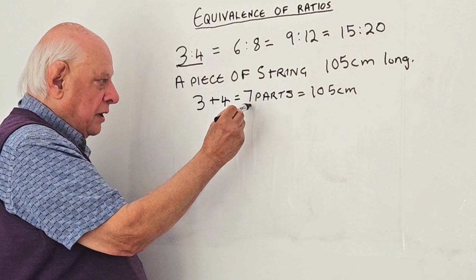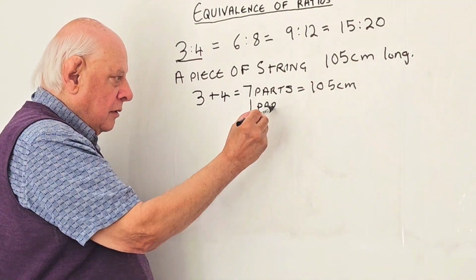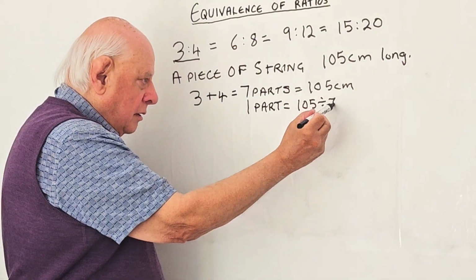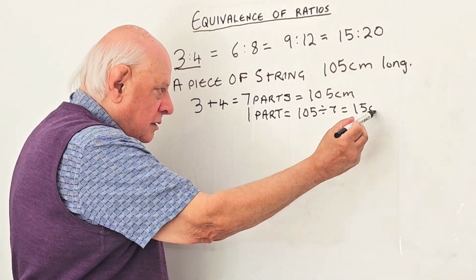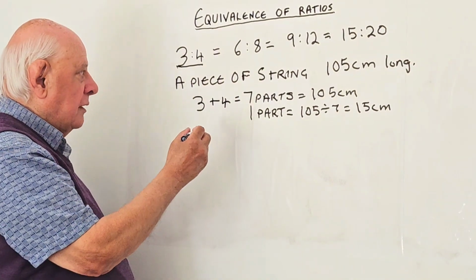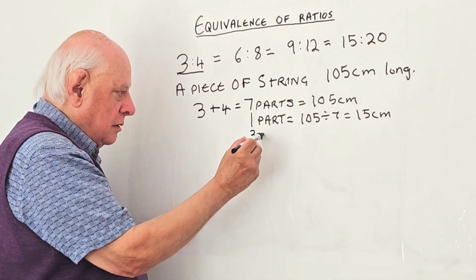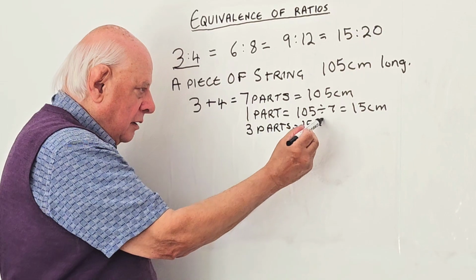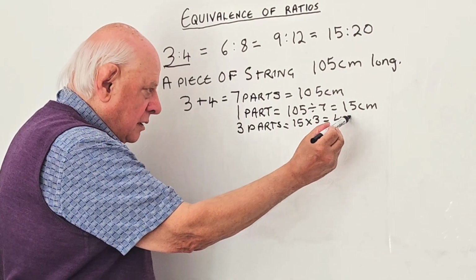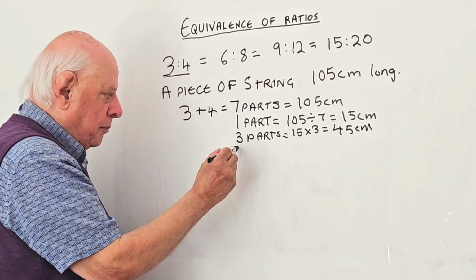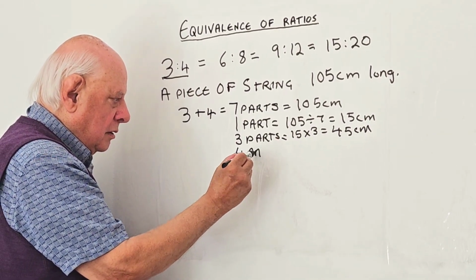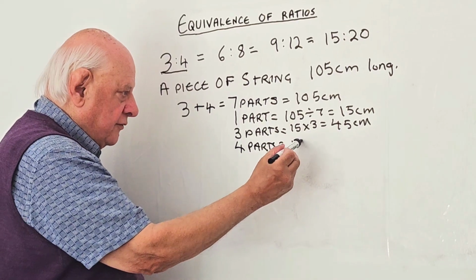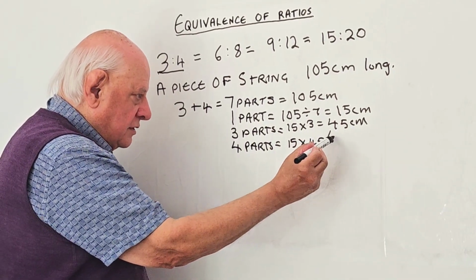So 1 part will equal 105 divided by 7, which equals 15 centimeters, and that means 3 parts equals 15 times 3, which is 45 centimeters, and 4 parts equals 15 times 4, which is 60 centimeters.